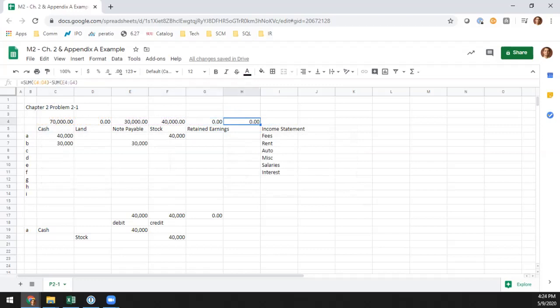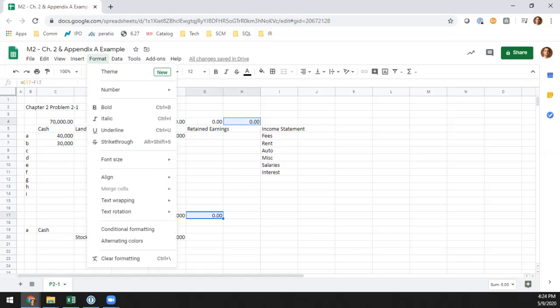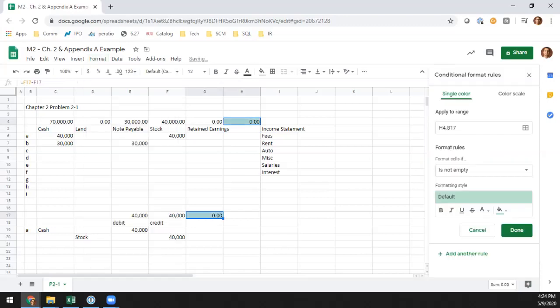And actually, I'm going to do something just for fun here. This is called conditional formatting. This is kind of a cool trick to help point out errors. So this number should be 0, and this number should be 0. So I'm going to highlight both of those. Go up here to Format, and I'm going to do conditional formatting.